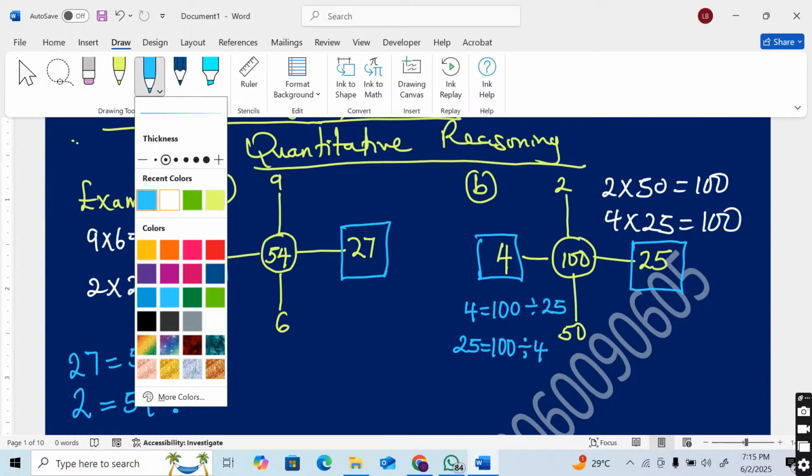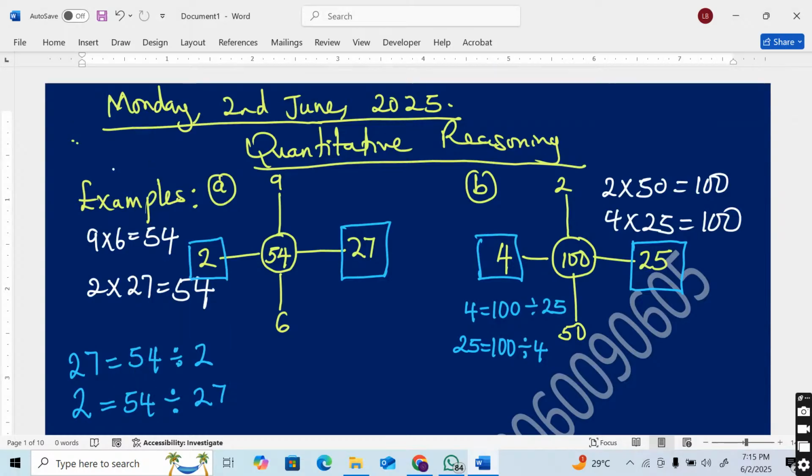How do we get 9 and how do we get 6? 9 is right above, 6 is below. To get 9, that would be 54 divided by 6. And to get 6, that will be 54 divided by 9.